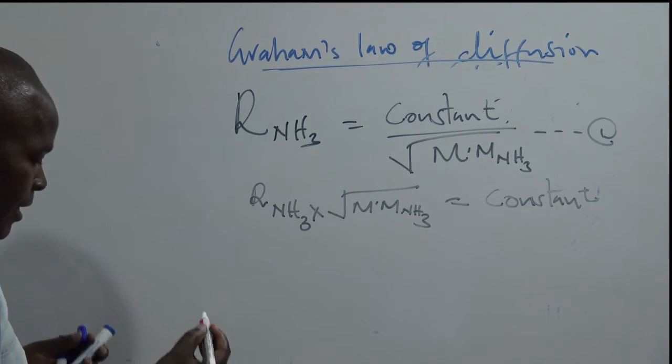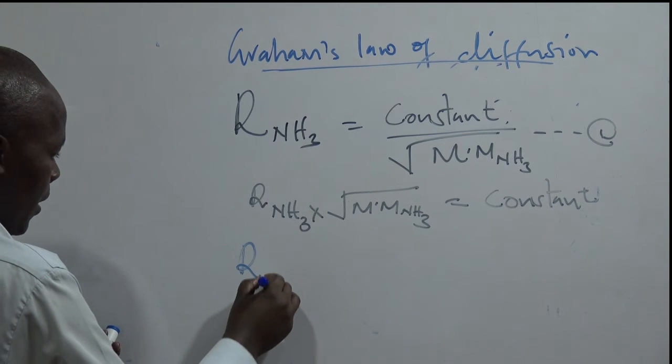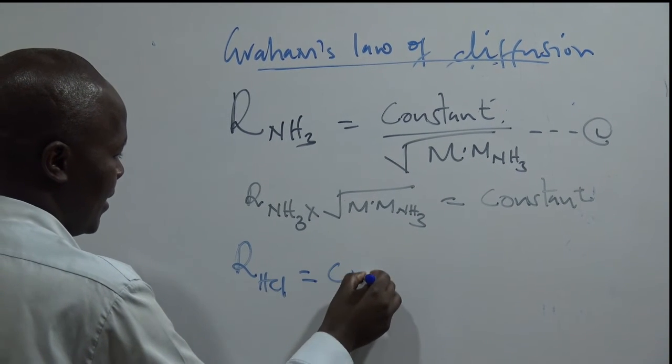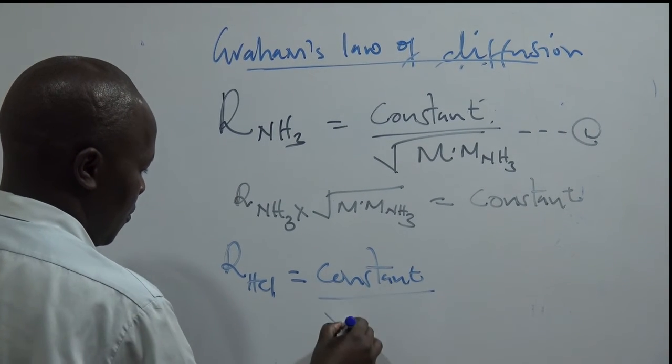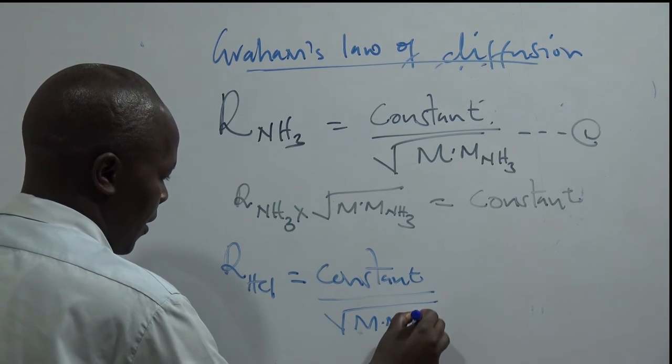Then the rate of diffusion of hydrogen chloride gas is equal to a constant over the square root of molecular mass of HCl.